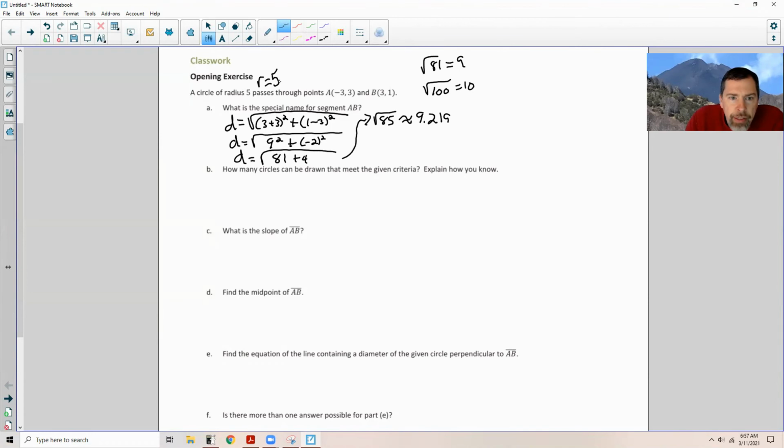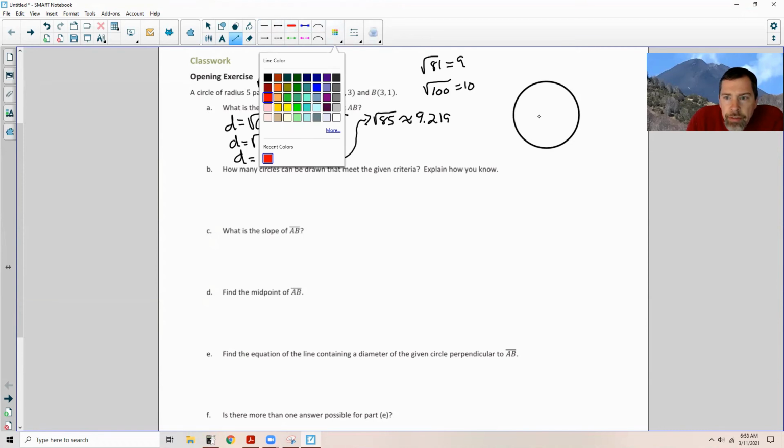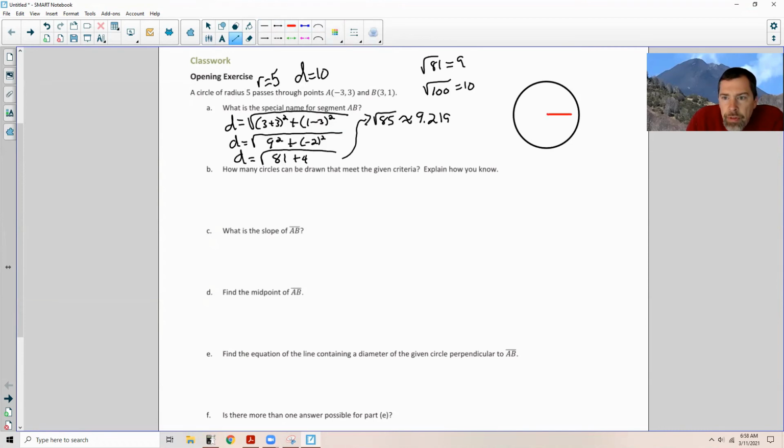Okay, so if the radius is 5, the diameter equals 10, and this is less than the diameter. So what that means is if I have a circle with a radius of 5, then the diameter is 10. And since this is 9.219, it is shorter than 10.